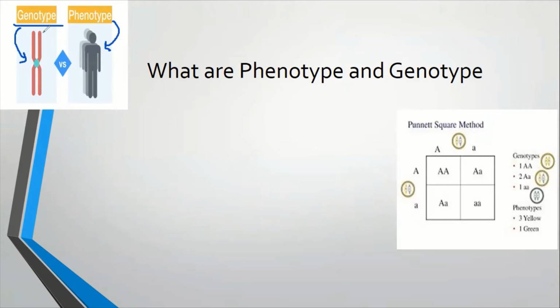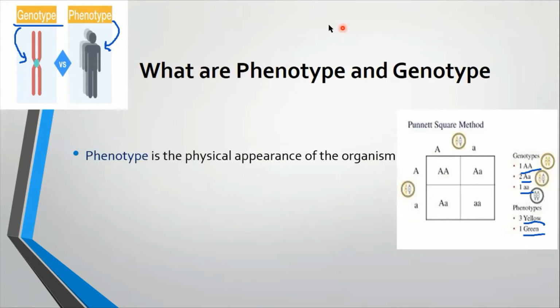That means the genotype is related to the alleles, but the phenotype is related to the appearance, or the thing that people can see from outside. Here the genotypes can be capital A capital A, capital A small a, small a small a. But in the phenotypes, we have yellow and green. So let's return here.